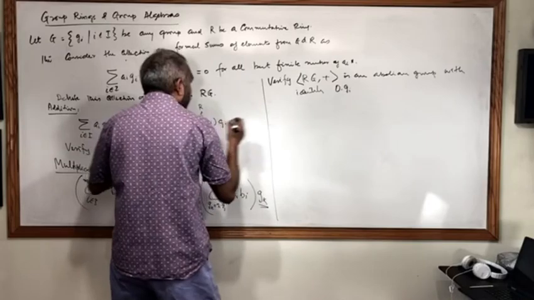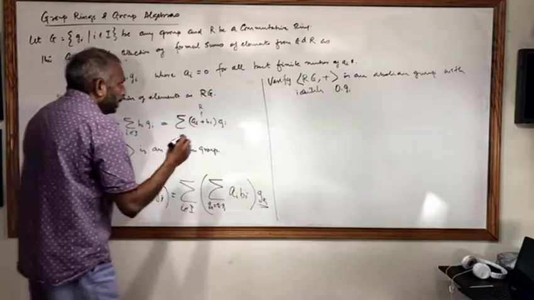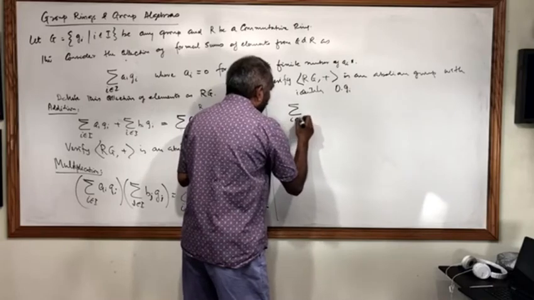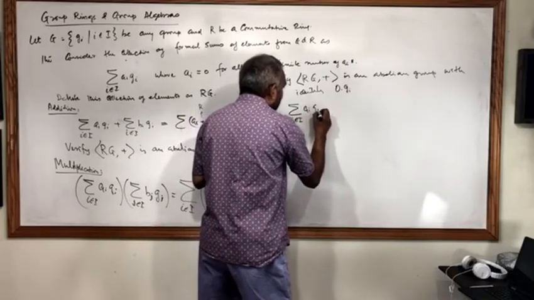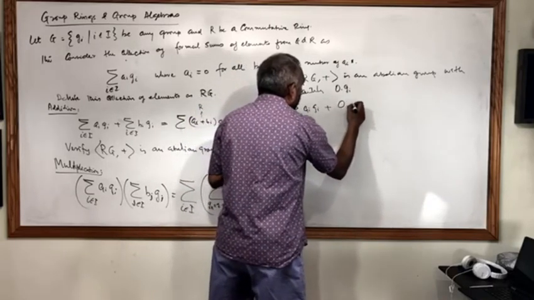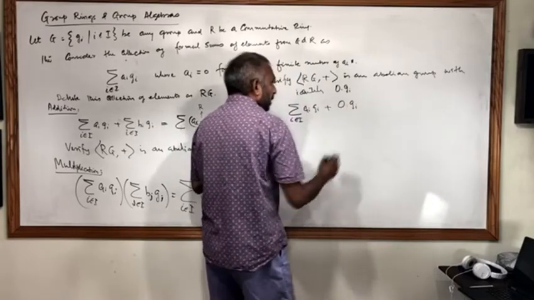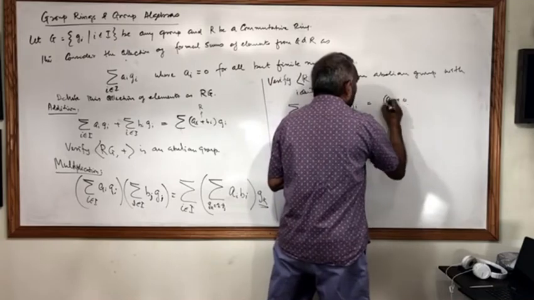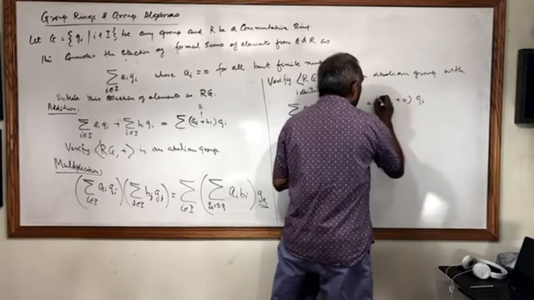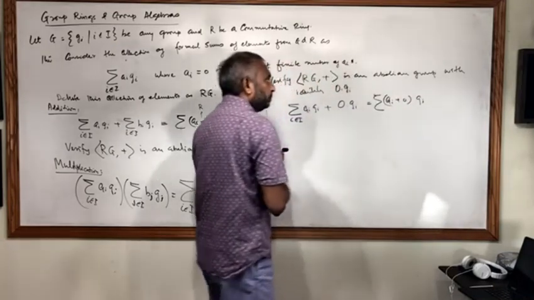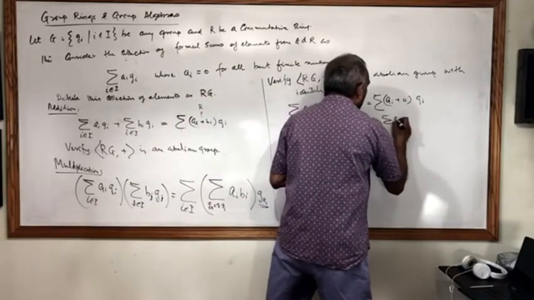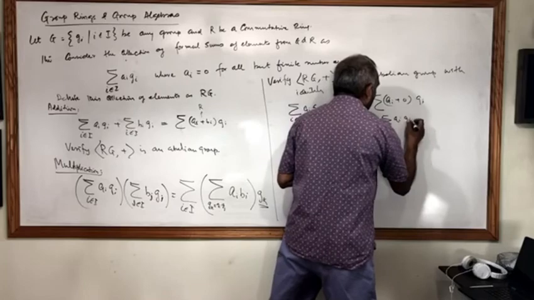If you add sigma Ai Gi plus 0 Gi, that becomes (Ai plus 0) Gi, which is nothing but Ai Gi.